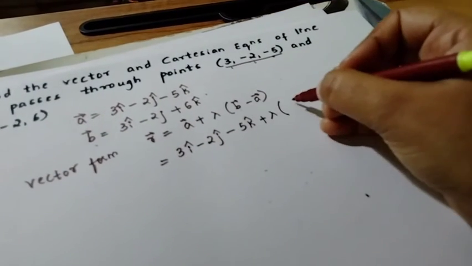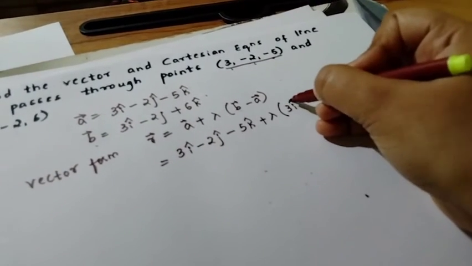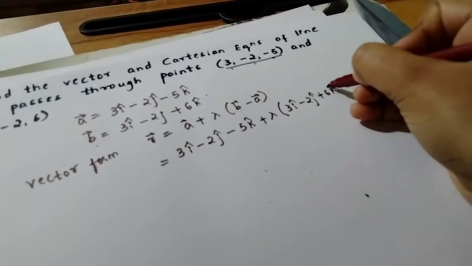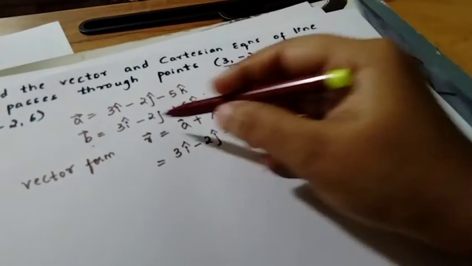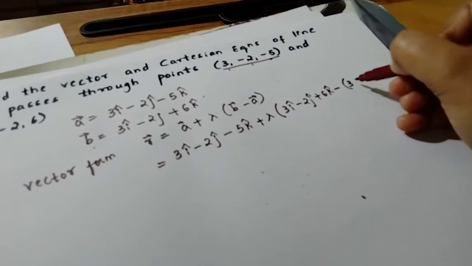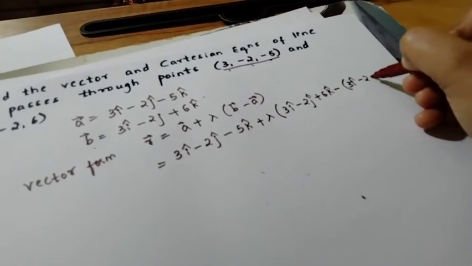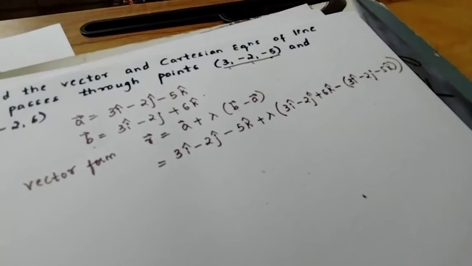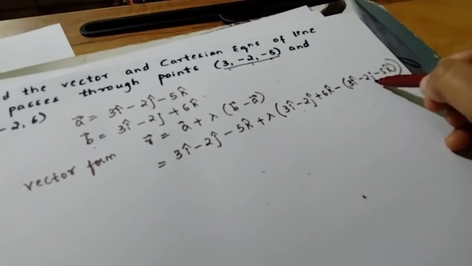What is b vector here? 3i minus 2j plus 6k minus vector a, which is 3i minus 2j minus 5k, that is b minus a.